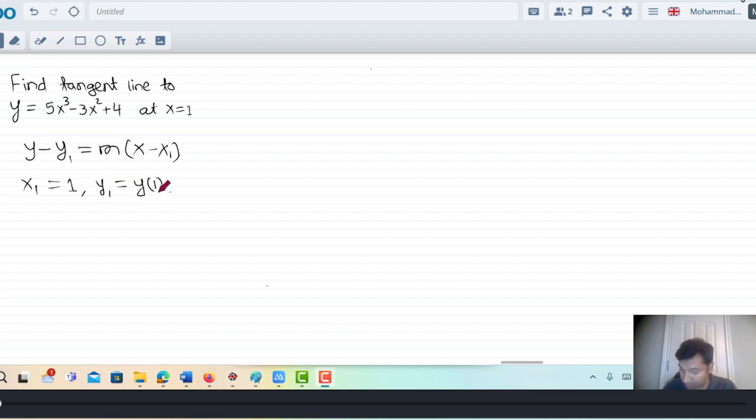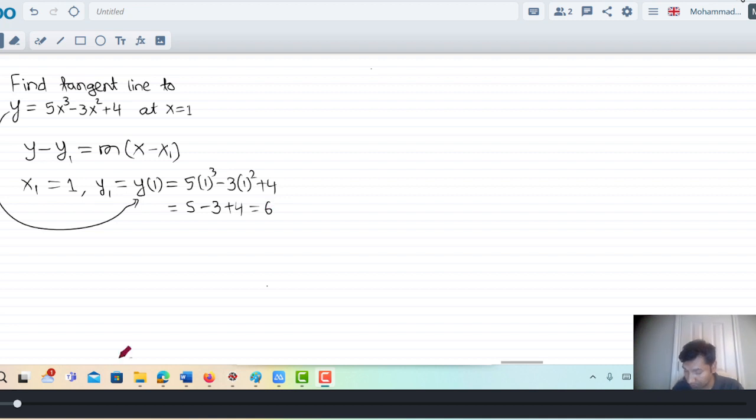To find y1 we plug the x value into the curve, so it is 5 times 1 cubed minus 3 times 1 squared plus 4, which is 5 minus 3 plus 4, that is 6. So now we have our point: x1 equals 1, y1 equals 6.